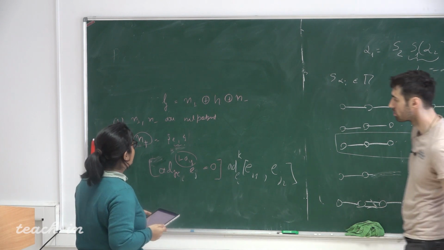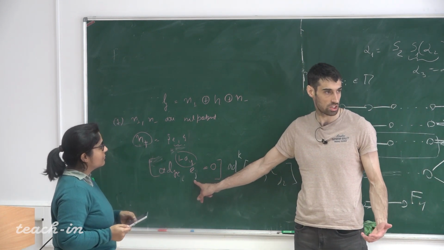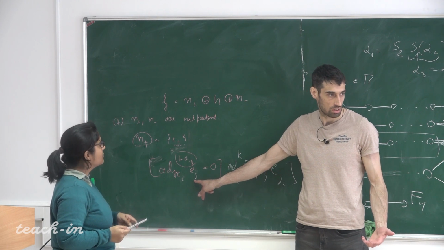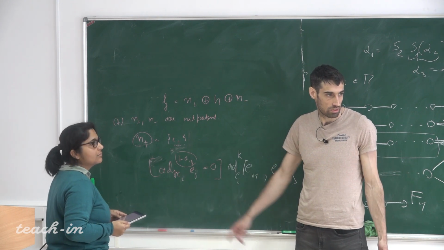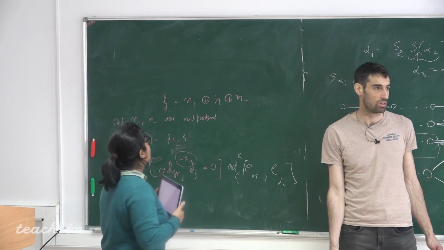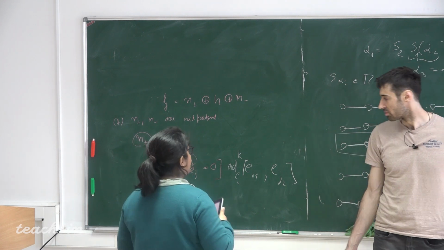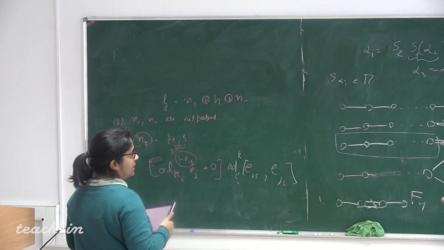I'm sorry, this is true only for EJ, for generators EJ. EJ are generators. So what if I take the commutator now of EJs, something which was in SL4, not the E1, E2, E3?